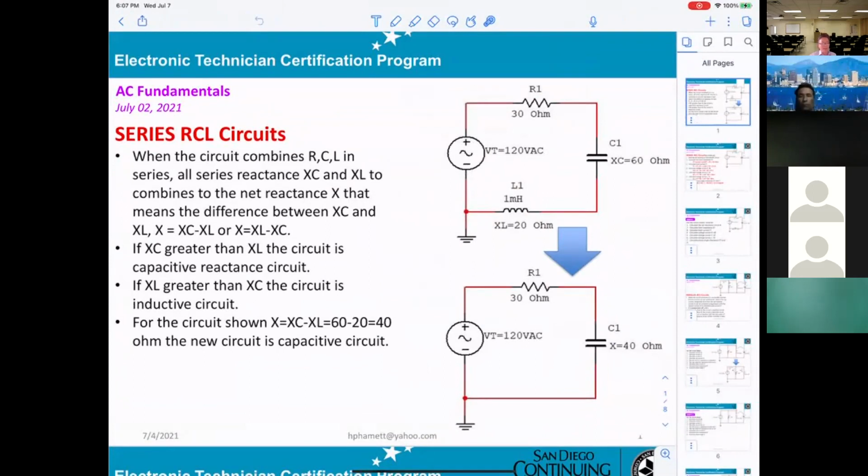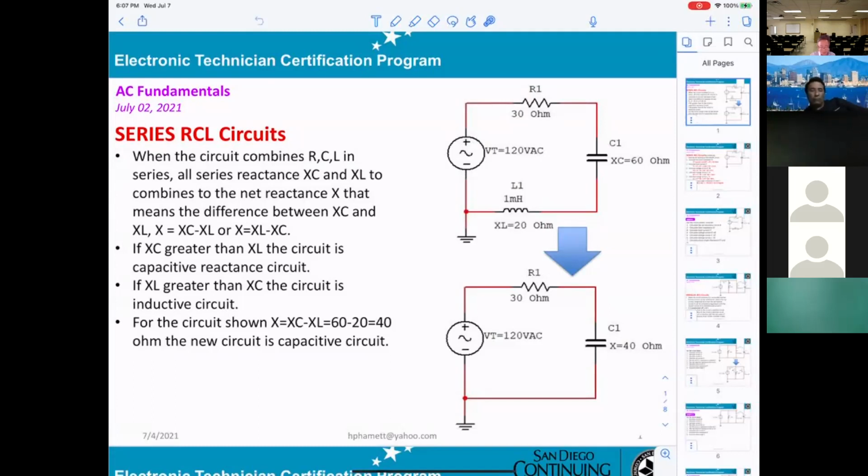After RCL series, we go to the next chapter, like the transformer, the matching impedance, the filter, and the resonance. That's a major part of AC circuitry.